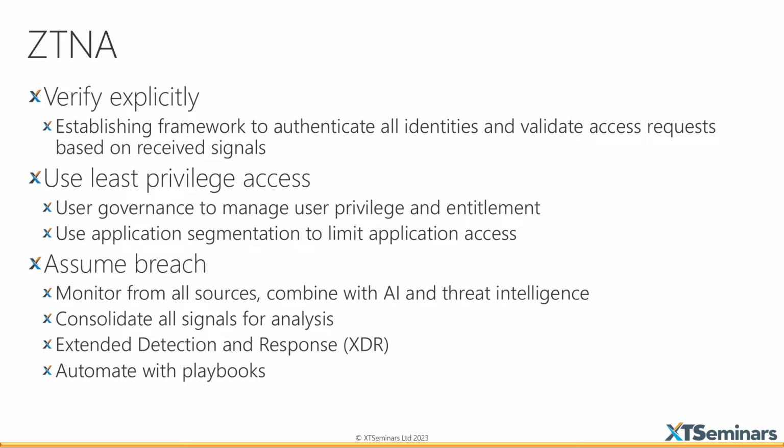So we've got to continuously monitor all our resources, combine that with AI, with threat intelligence, bringing in all the signals, consolidating them for extended detection response, automating tasks with playbooks, and so on. So the 3 tenets of ZTNA: verify explicitly, use least privileged access, and assume breach.